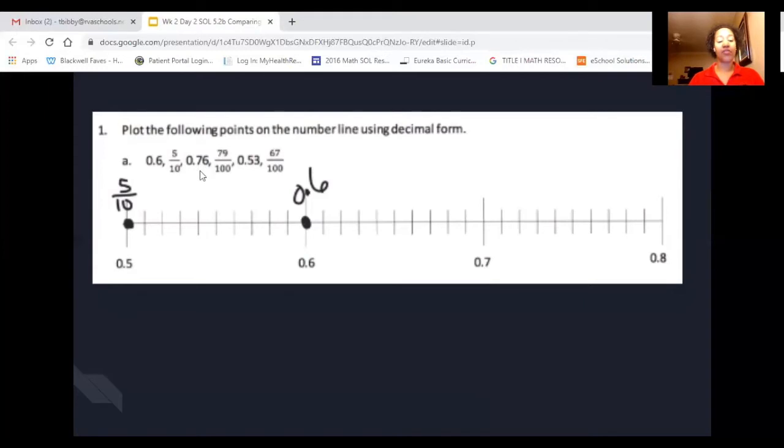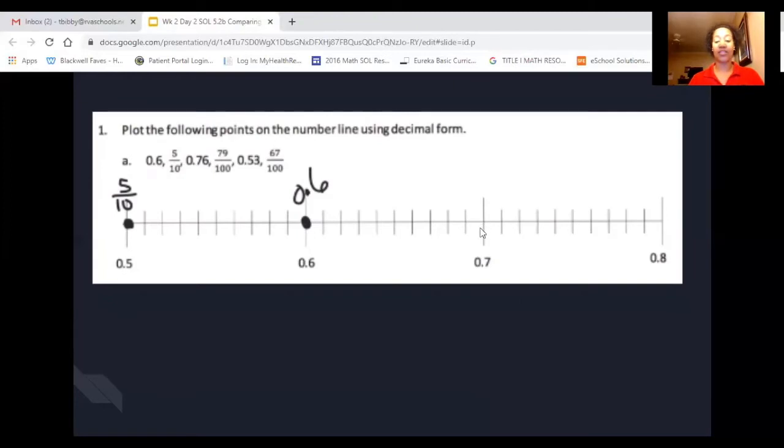The next number is written in decimal form. The number we have here is 0.76. Now this is where the tick marks come in. There is a 7 in the tenths place. So let's find 7/10. Well, there is a 6 in the hundredths place. So we will count over 6 hundredths.